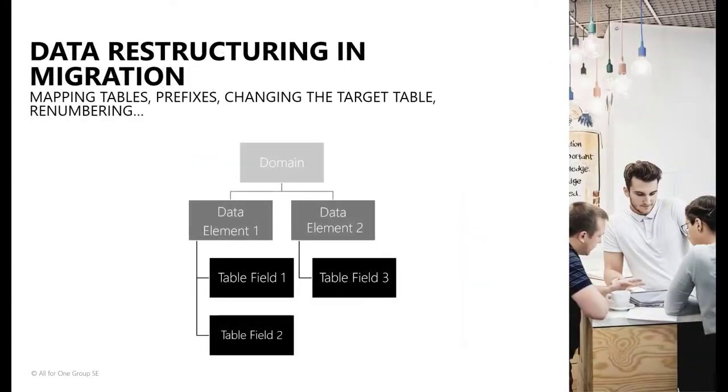If we talk about data restructuring in data migration projects, we need to think about how we can collect this information from the system. In the system, on the lower level, we have table fields. A table field can have a unique name. Sometimes we can have several table fields with exactly the same meaning, but they were prepared with new naming to separate the existing data within the table.